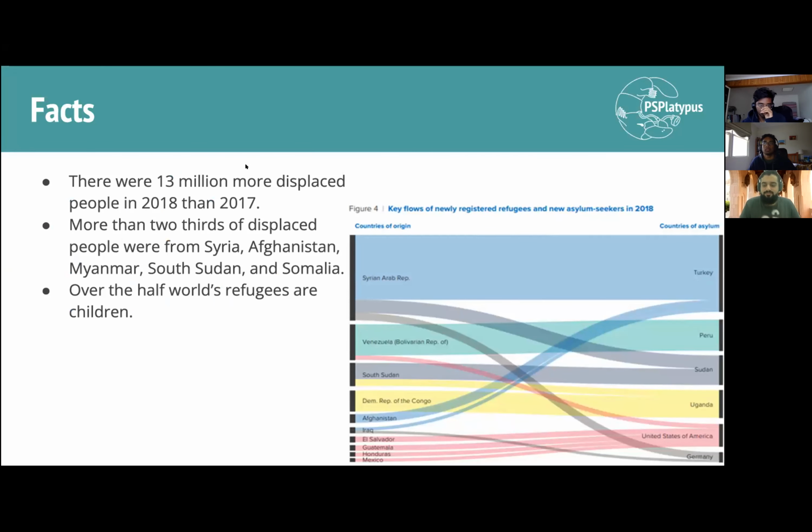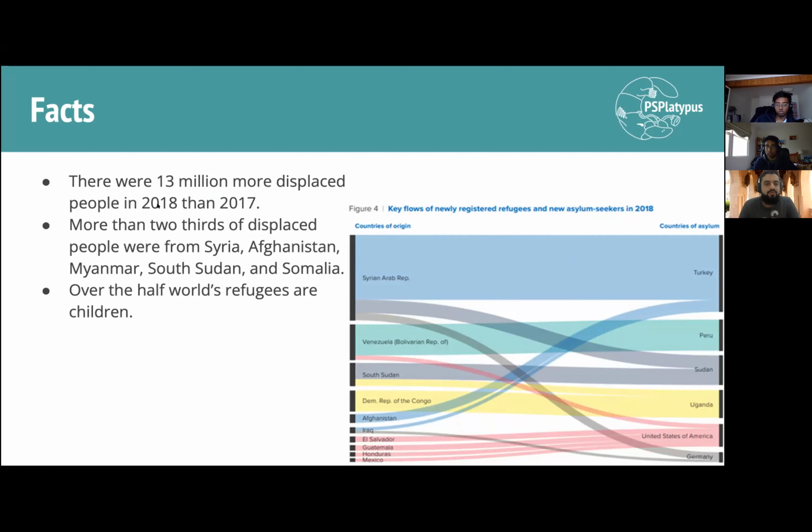So we're going to talk about refugees and asylum seekers and the health issues they might face, or the health determinants. Firstly, we have some statistics or facts about refugees around the world. So there were 13 million more displaced people in 2018 than 2017, which is a very, very huge number.